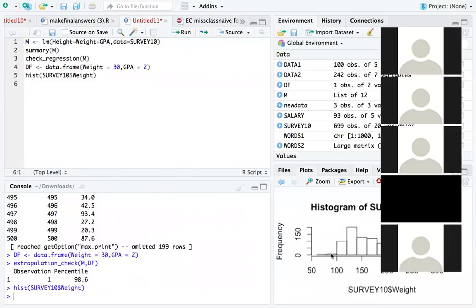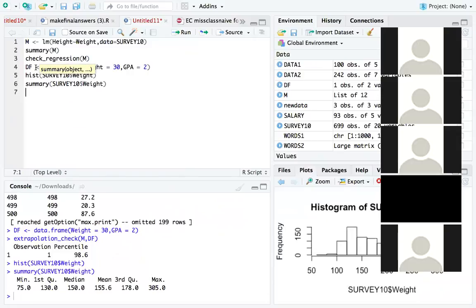So does that make sense how we would extrapolate on one variable? If we go back to the univariate sense here, you could talk about extrapolating outside the model by looking at the summary or the histogram to see if you would be extrapolating. Does that make sense right there? We'd be extrapolating outside this model, outside of 75 and 305, just for weight on the univariate. Does that make sense?